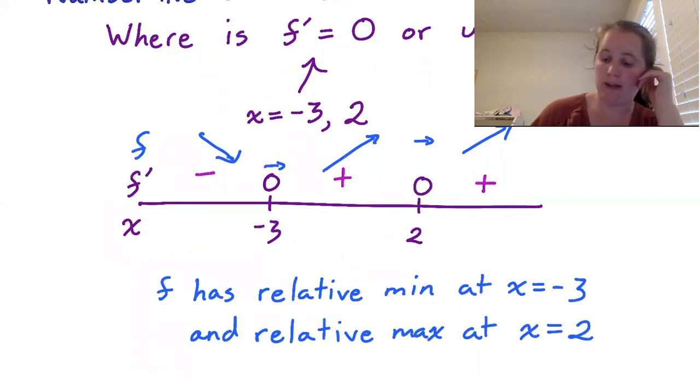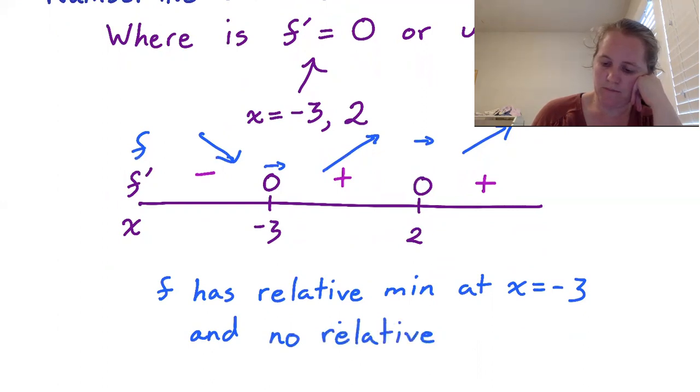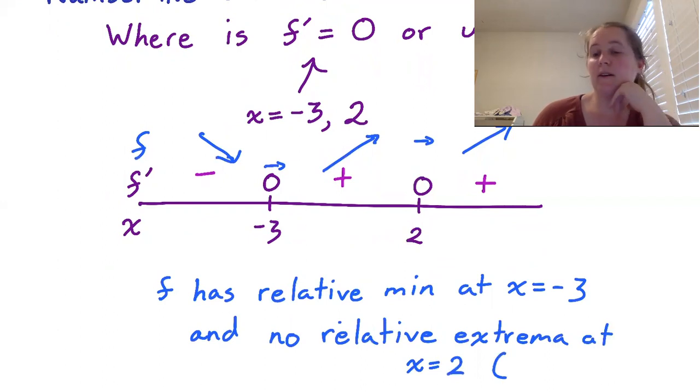Sorry, not a relative max, no relative extrema at x equals 2. It goes up, flattens out, and keeps going up. It just flattens out for a moment.